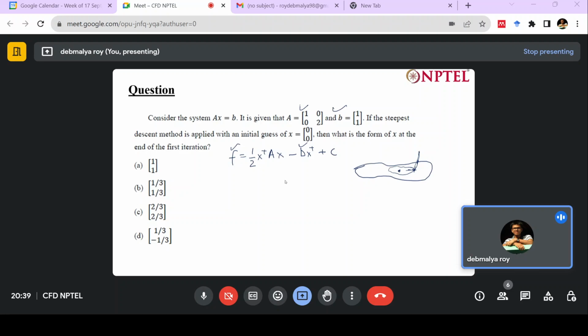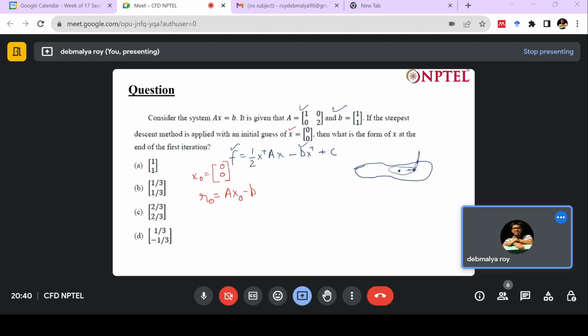Okay. So the steps that we follow: we take this as x0. This is the initial guess. From here we will first find out a residual r0. What is r0? r0 is basically A x0 minus b.